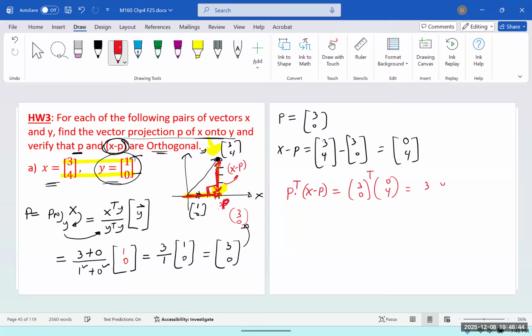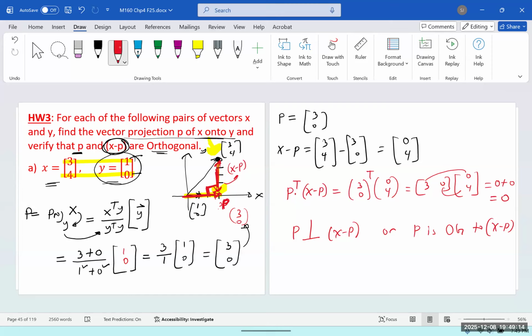So 3, 0, 0, 4. 0 times 0 is 0. 0 times 4 is 0. So yep, that product is 0. Since that product is 0, that means P is perpendicular to x minus P, or P is orthogonal to x minus P. It means yep, their relationship is 90 degrees.